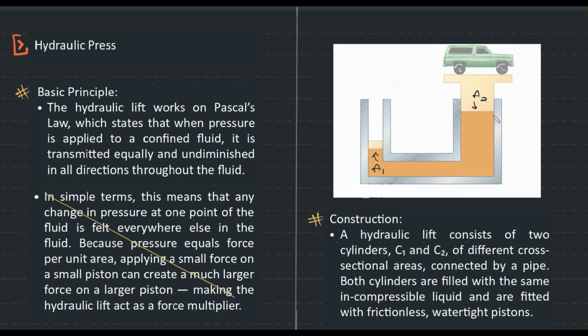This would be the initial scenario. So the piston moved from point A to B. So this has to be delta x1 and this length is delta x2.